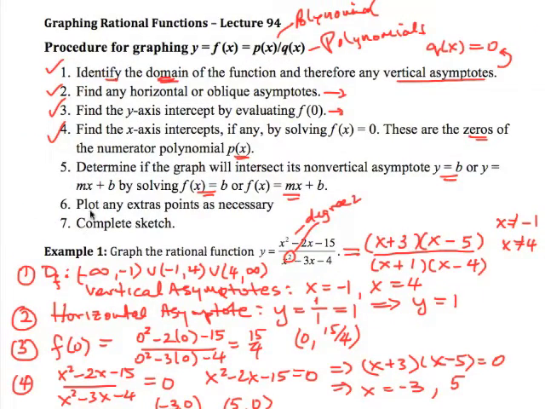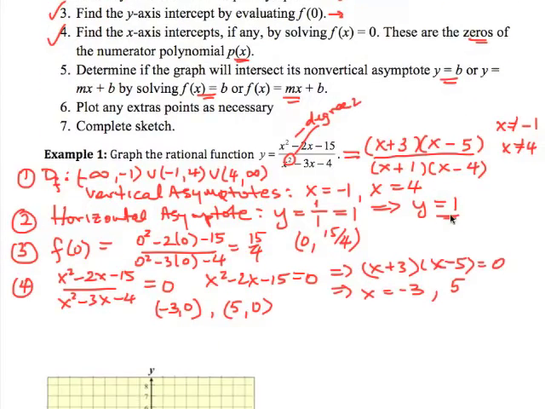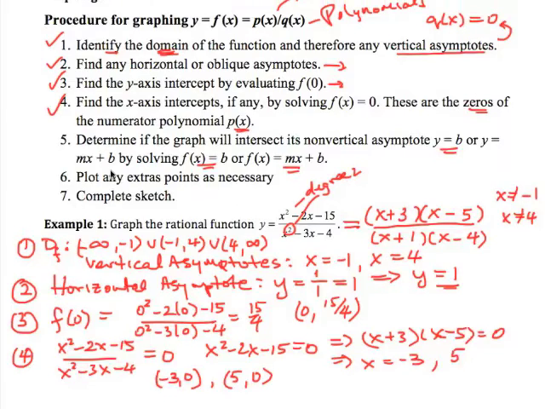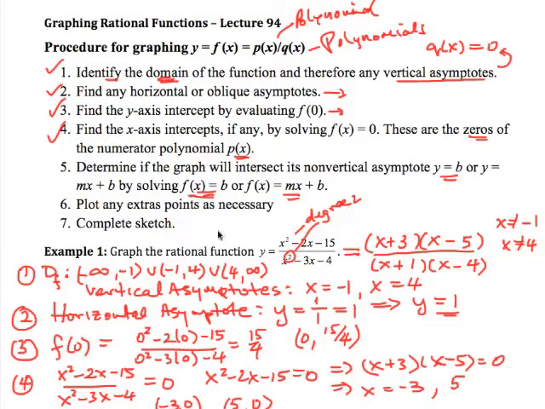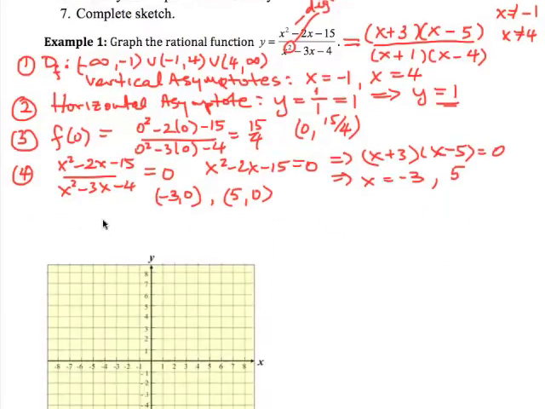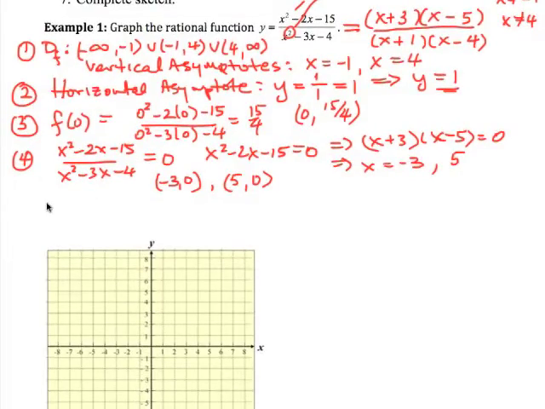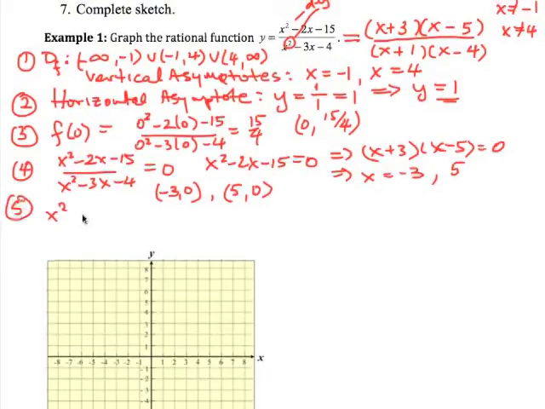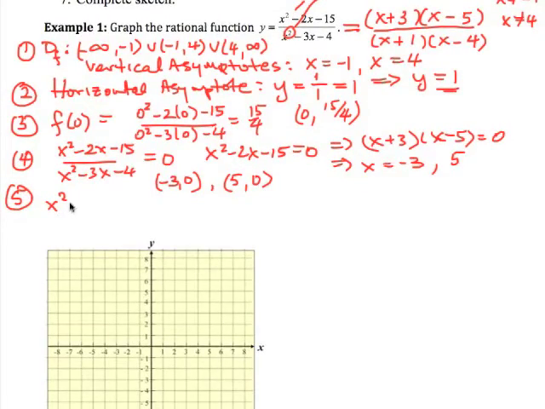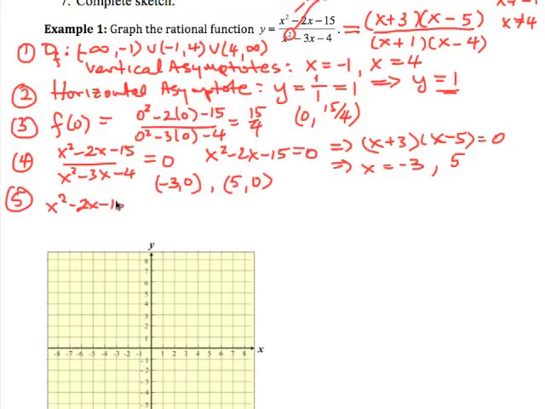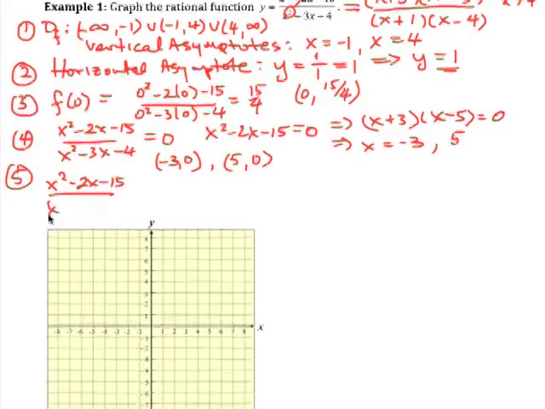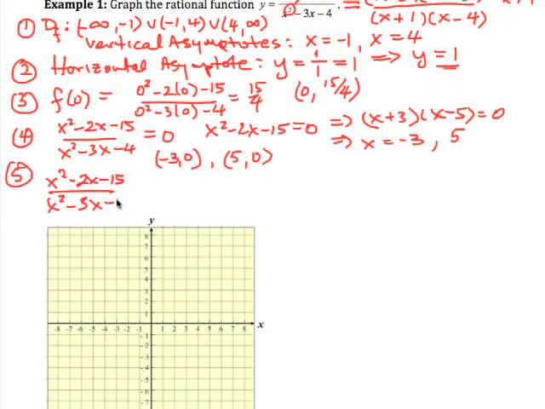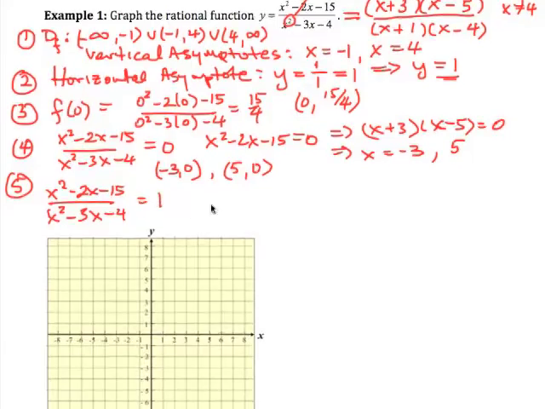So they're the x-axis intercepts. So we've done that. Now we need to determine whether the graph will intersect its non-vertical asymptote, y equals b. So we're talking about y equals 1 here. That's what b would be. By solving for f of x equals 1, so this is step 5: x squared minus 2x minus 15 over x squared minus 3x minus 4 equals 1.